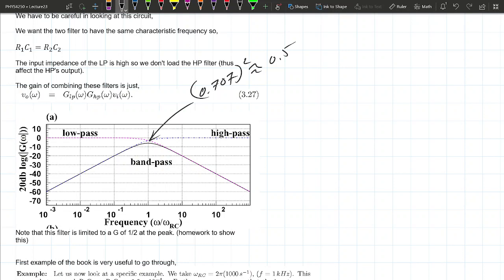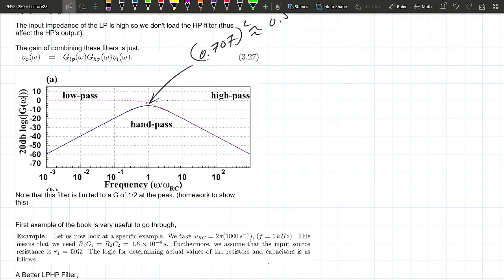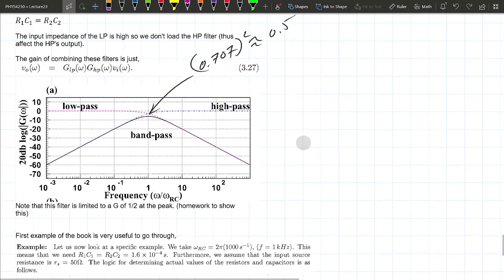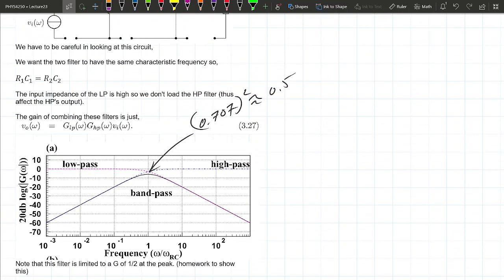I think there is an example in the textbook, but I'm out of time, so I'll leave that as an exercise for you guys to play with at home. But the main thing is that if you want to build a bandpass filter and you don't have an inductor, you can still do it with just capacitors and resistors.